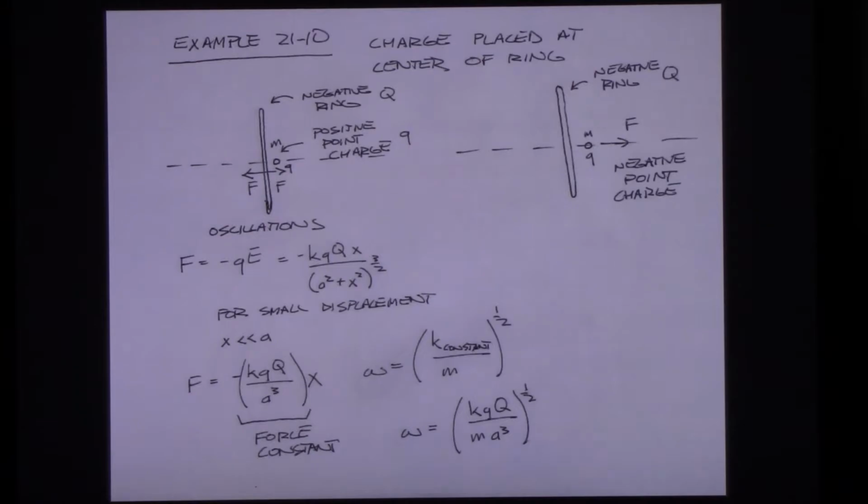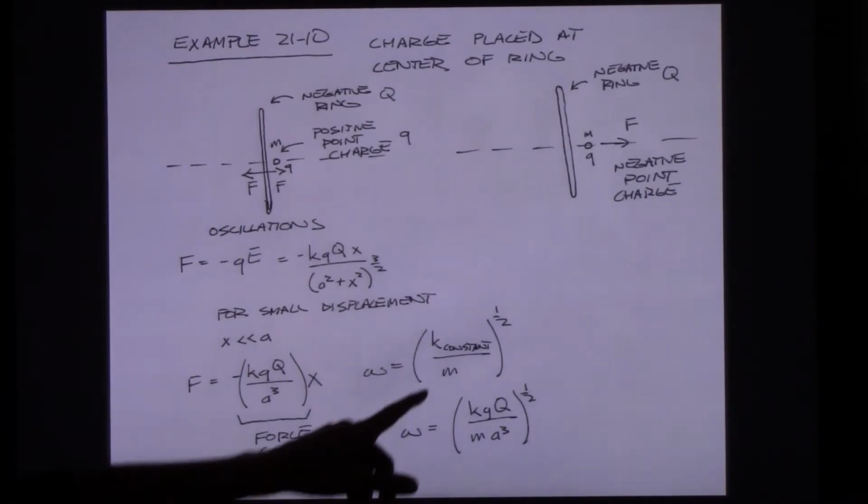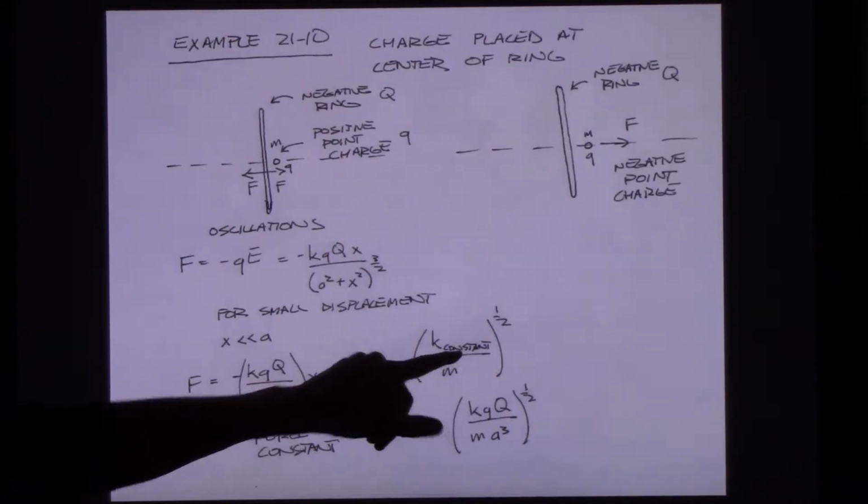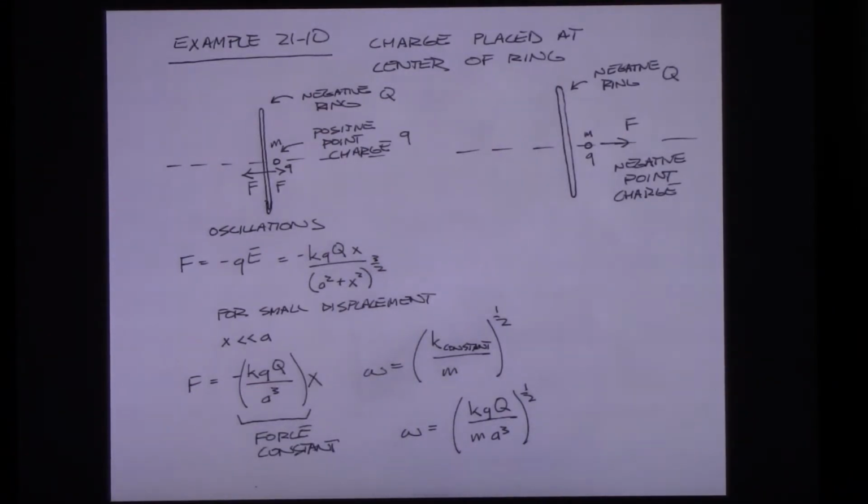Now, we already have way too many little k's. We had little k's that were spring constants. We had little k's that were Boltzmann's constant. We now have little k's that are the electric force constant. So we have to keep the k's straight. The force constant k is the relationship between force and displacement.